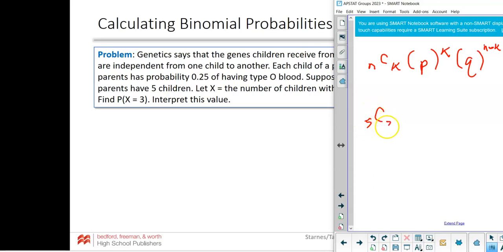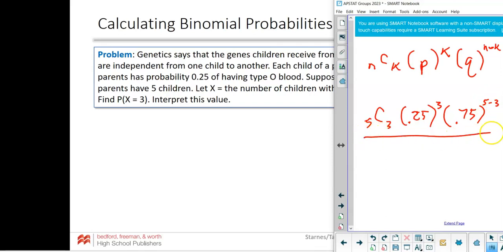We're choosing 3 of them. The probability of success is 0.25, to the power of K, which we want exactly 3 wins there, times the failure, which is 0.75, if success is 0.25, to the N minus K, which would be 5 minus 3, or second power.